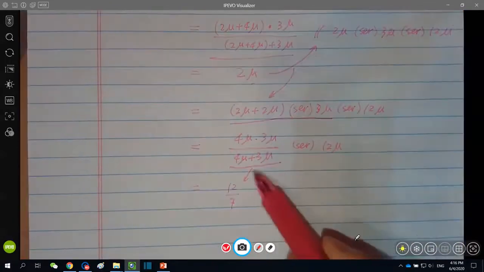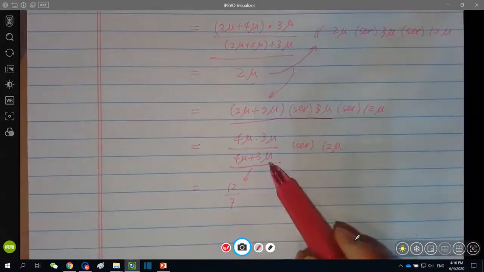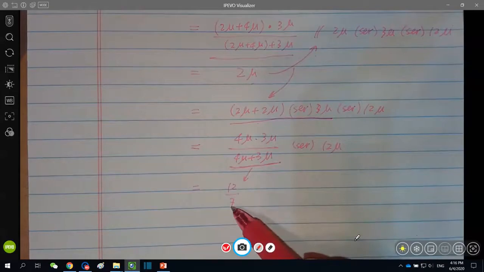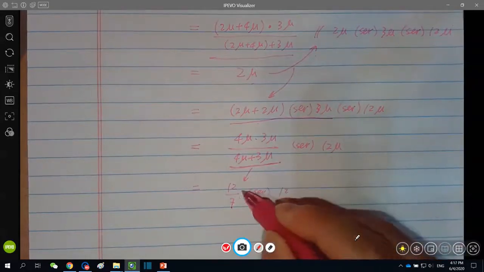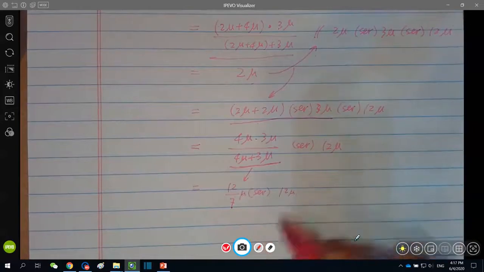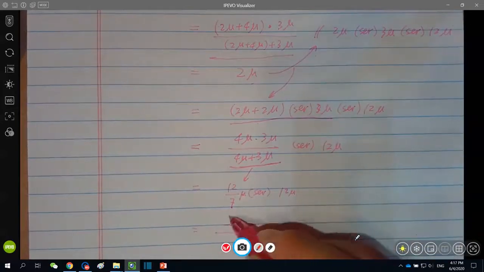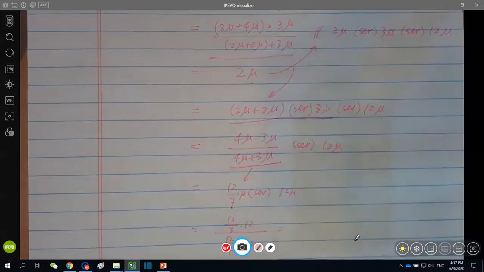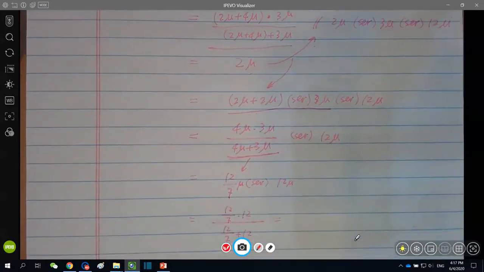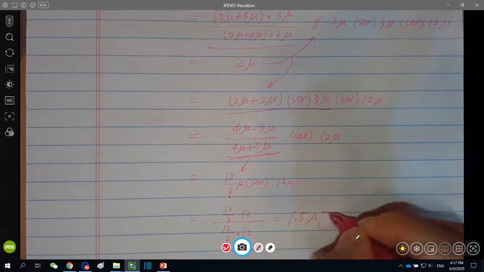The series connection result equals 12 sevenths. And this is in series with 12 micro, which equals 12 sevenths times 12, divided by 12 sevenths plus 12. Eventually the total result equals 1.5 microfarad.